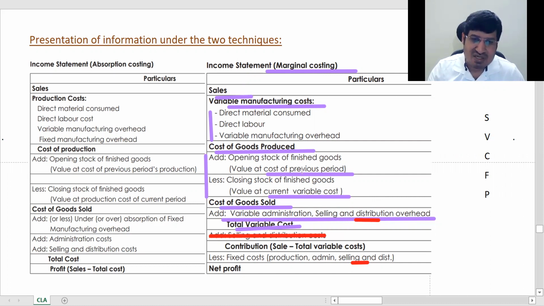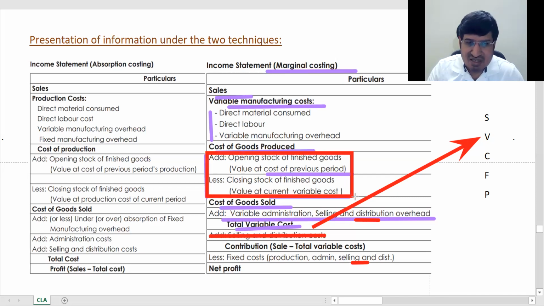Now see this total variable cost, what we are seeing here. This is what we show as V, and what we do not bother about while doing marginal costing is this part. Because the purpose is to take decisions, and when you take decisions among different alternatives, the opening stock and closing stock become irrelevant cost.